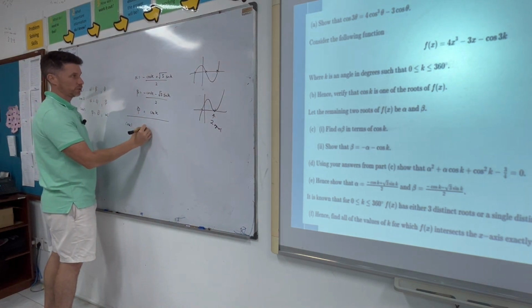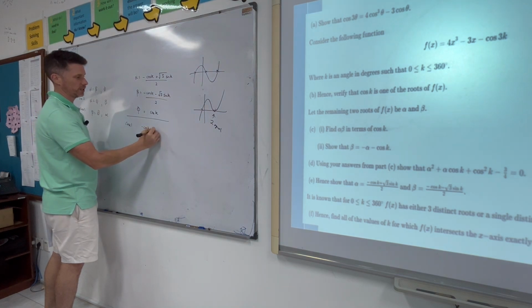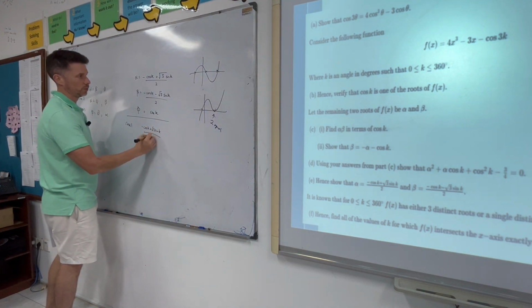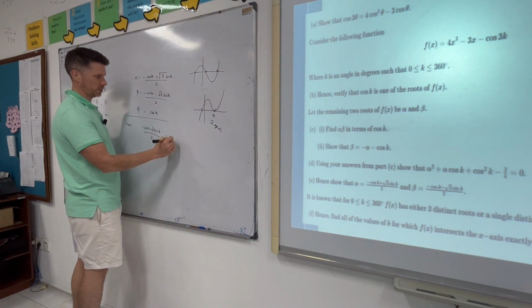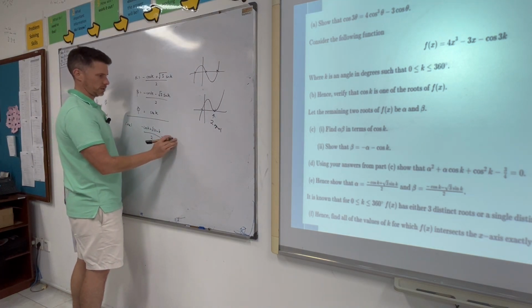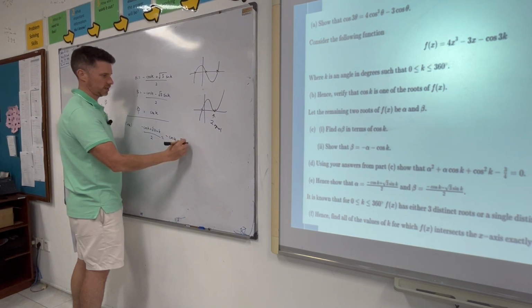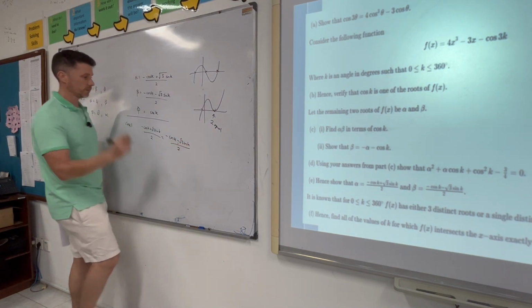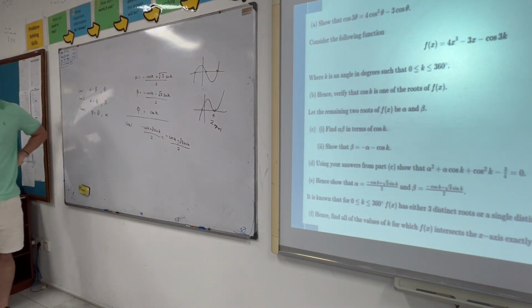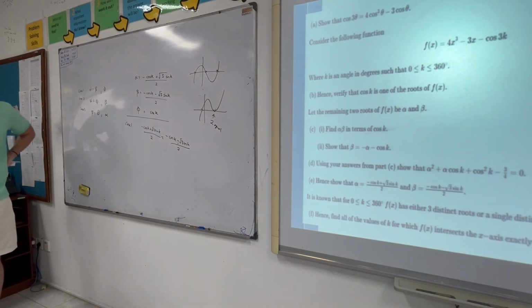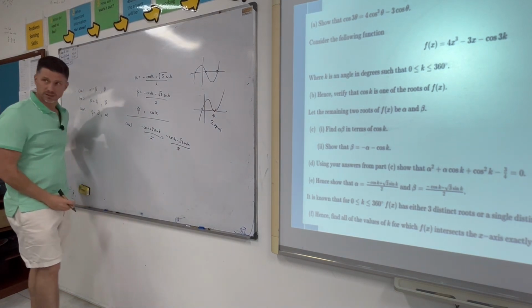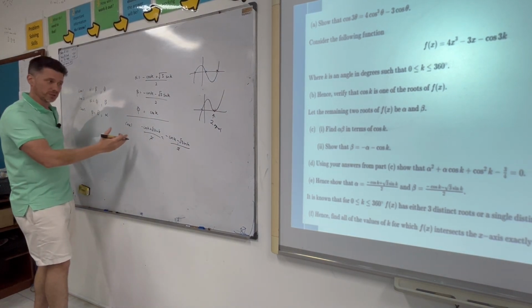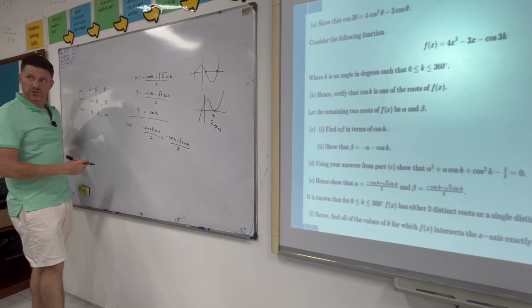So minus cosine k plus root 3 sine k all over 2 is equal to this, the same, but with a different sign here. Root 3 sine k is equal to 2. Okay. Solve for k. Now, if I multiply both sides by 2, the 2's disappear. If I bring everything over to one side, these cosines are going to cancel each other out.